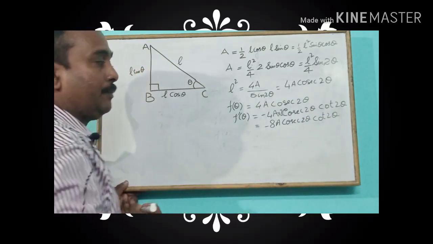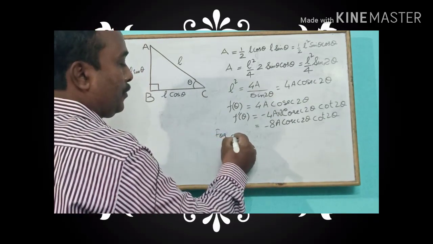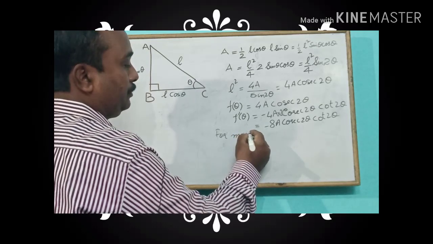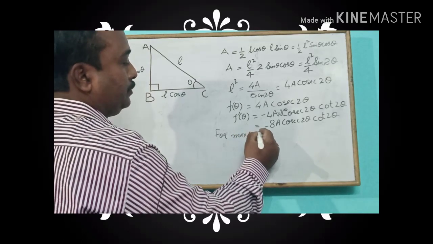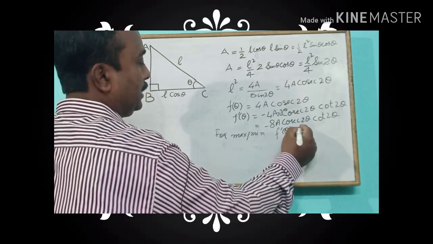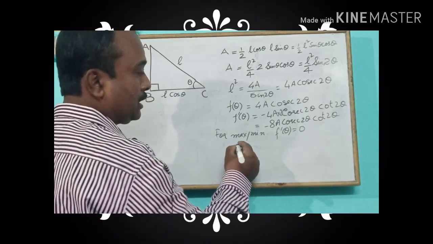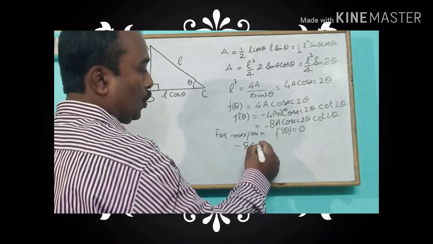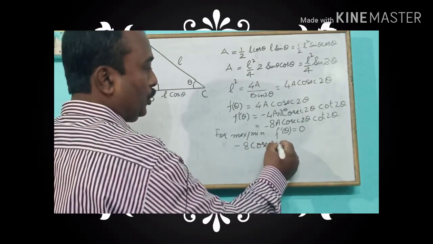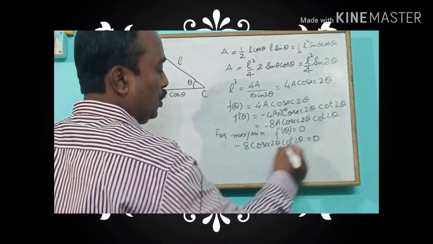So for maximum or minimum, f dash theta is 0. F dash theta is 0 means minus 8A cosec 2 theta cot 2 theta is 0.